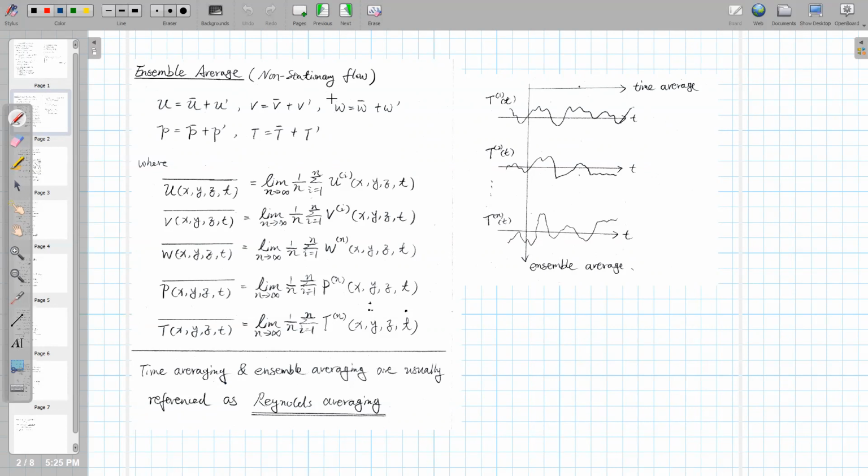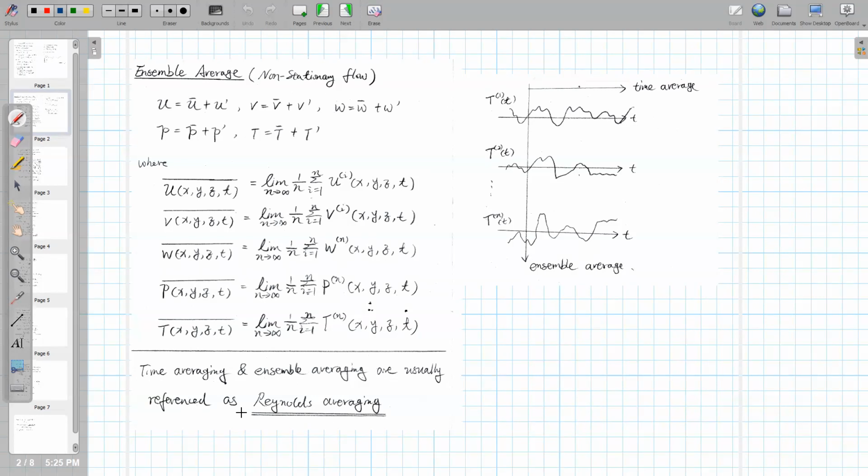We have these two types of averaging: time averaging for steady state, ensemble averaging for unsteady state. And with both of them, you're doing the same thing, right? Trying to separate the instantaneous quantities into averaged quantities plus fluctuating quantities. These two methods are usually referred to as the Reynolds averaging.